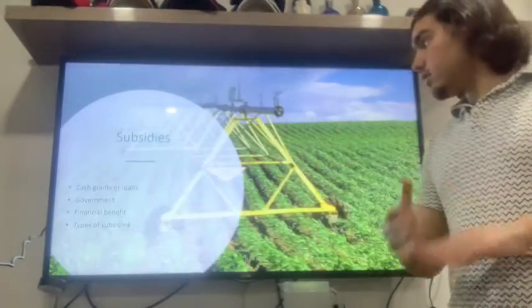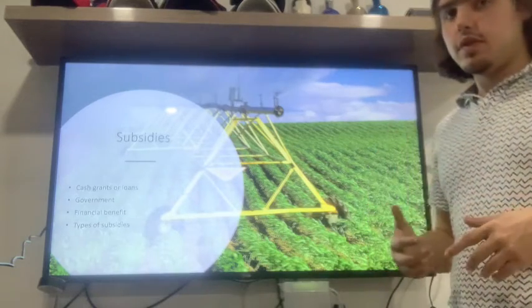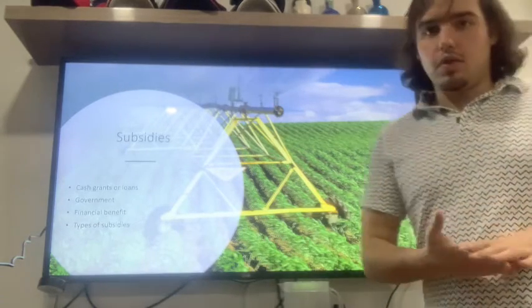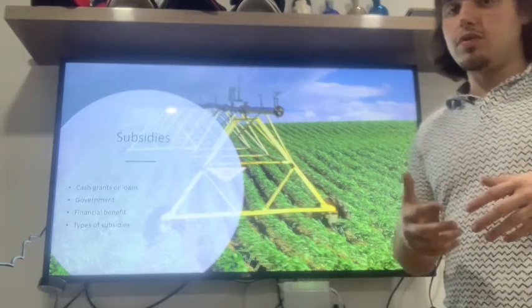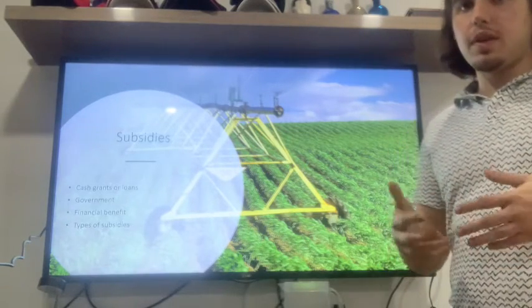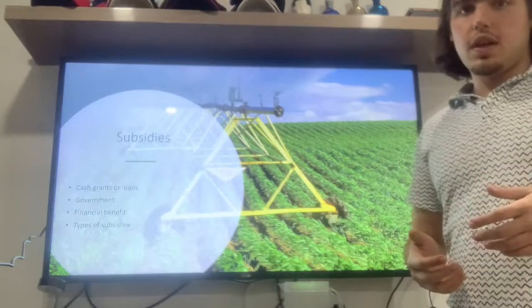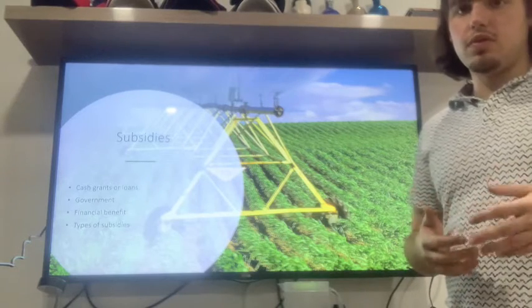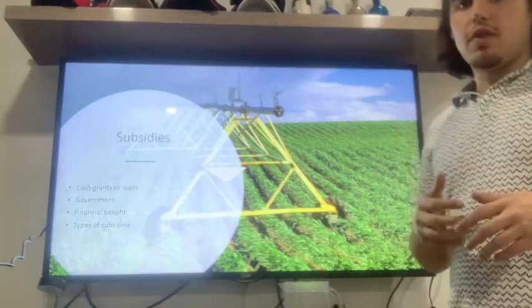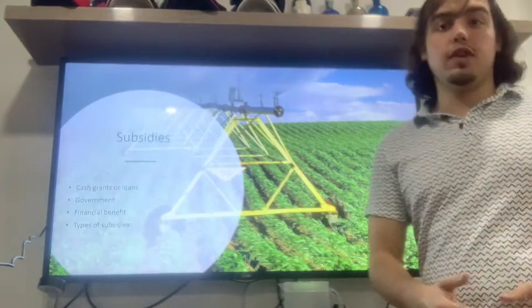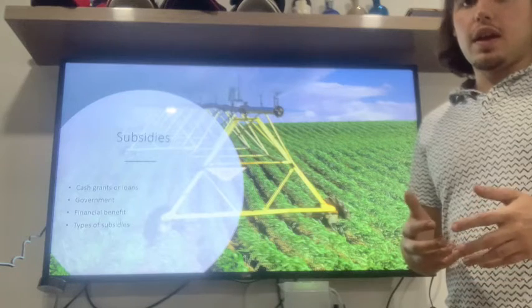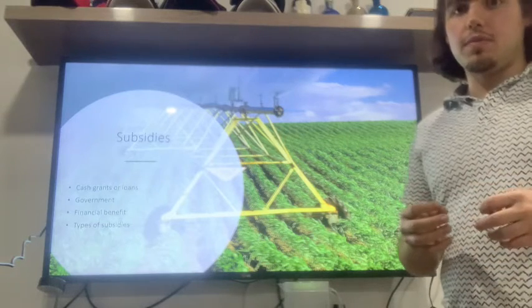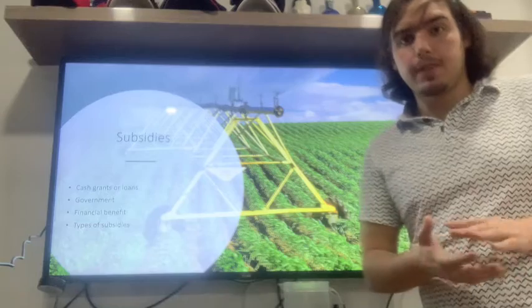The second trade barrier I'm going to talk about is subsidies. They are cash grants or loans offered by the government to businesses. According to the WTO, a subsidy is a financial benefit that gives an unfair advantage to a business or industry.